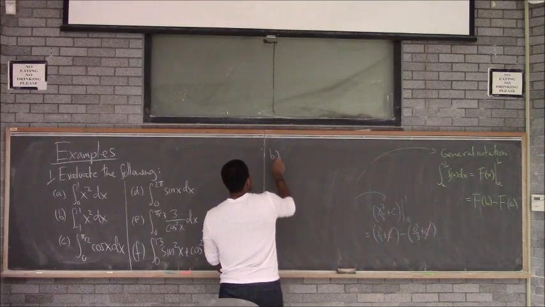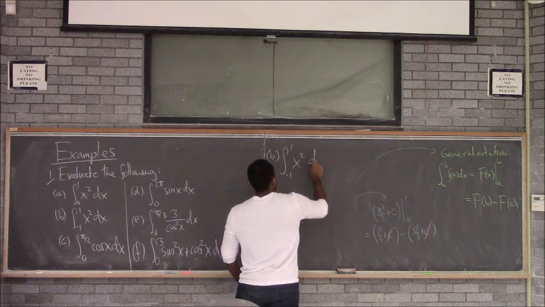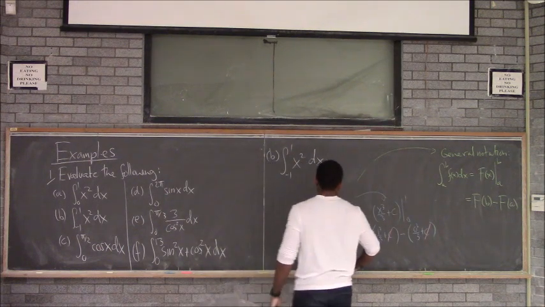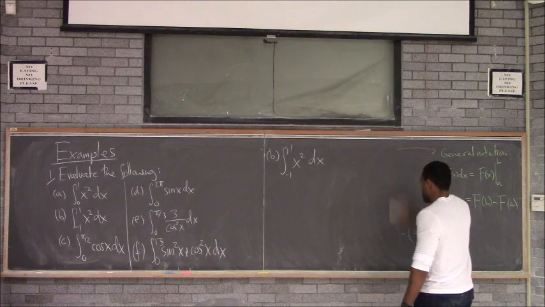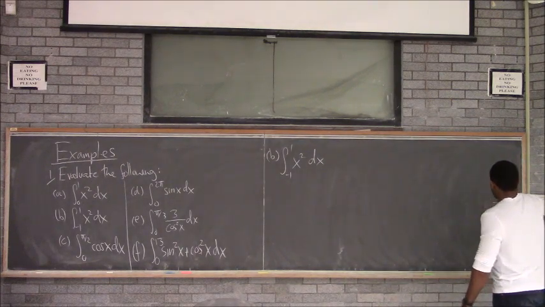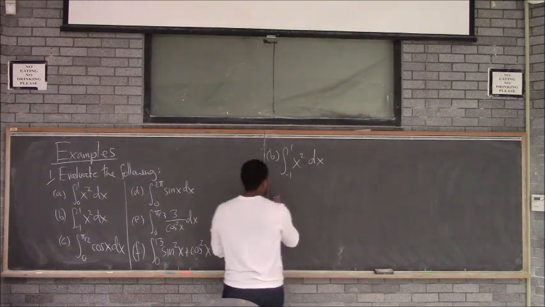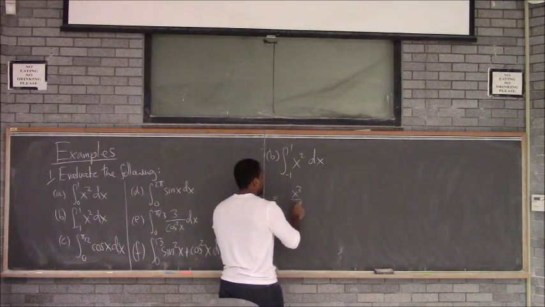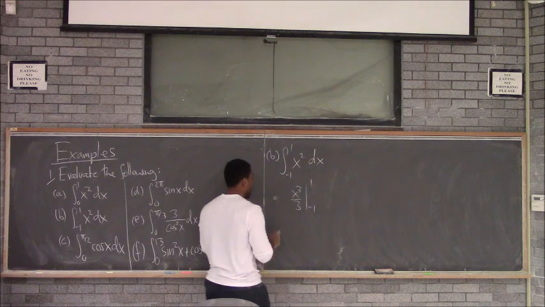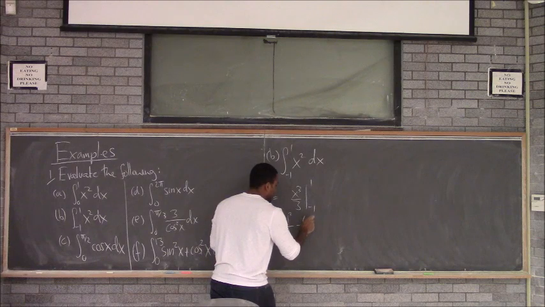Equivalently, B, same guy. So we'd find the antiderivative here. X cubed over 3, from minus 1 to 1. I would plug in 1 minus minus 1.